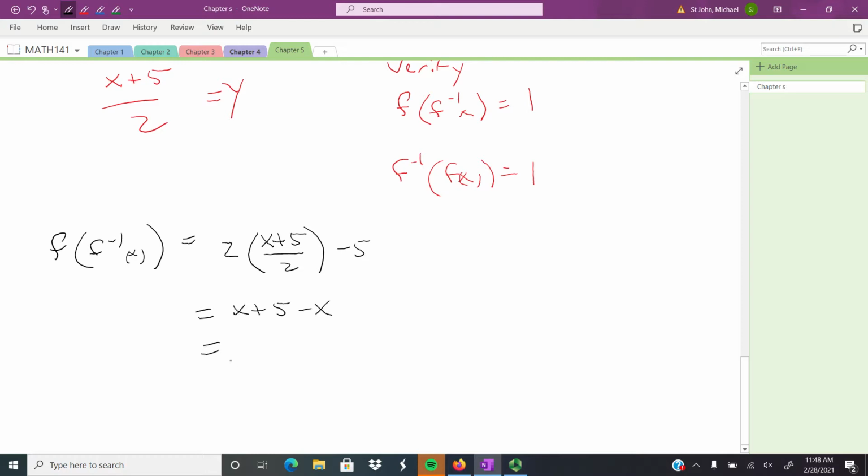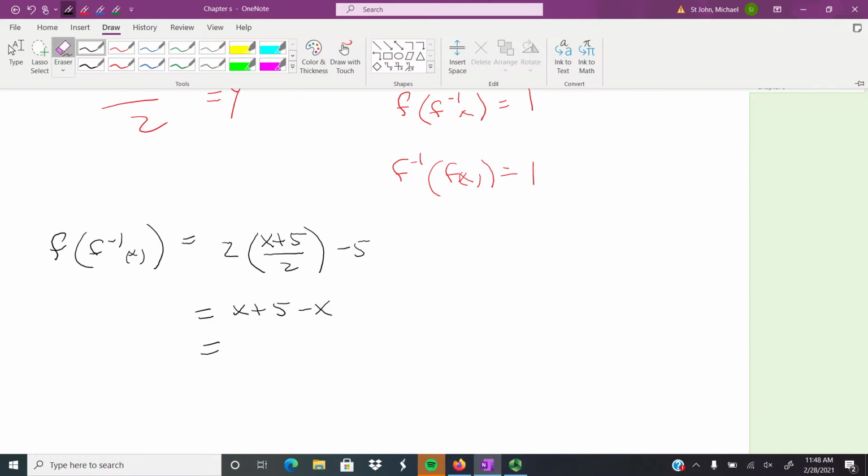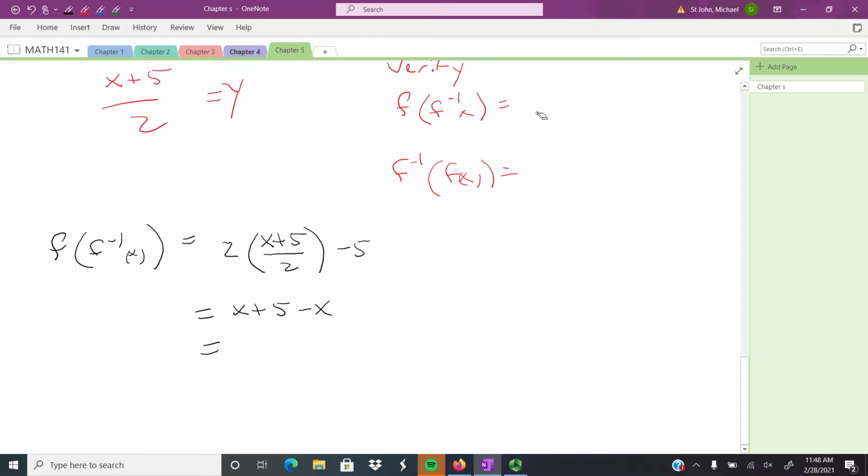I need to make a couple changes here. So this should be x, not 1. Sorry about that. And this should be 5. So x plus 5 minus 5 will give us x. So indeed we do have the inverse.